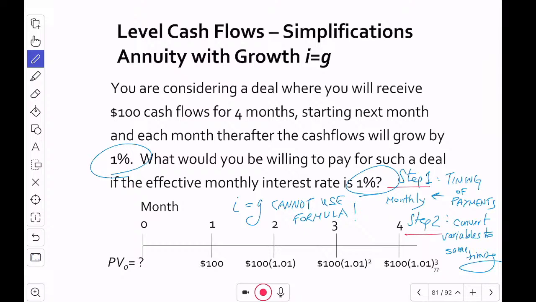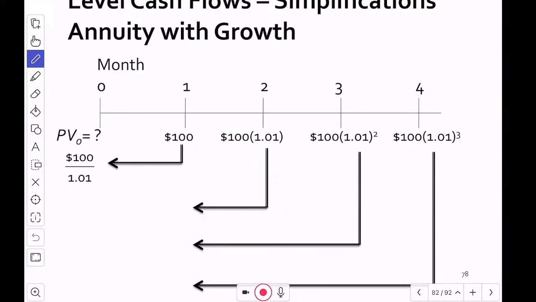Let's take the timeline here and let's use a mixed cash flows approach, right? Use a mixed cash flows approach means, well, I could do this with NPV in my calculator, but let's just do this to see if there's a pattern.